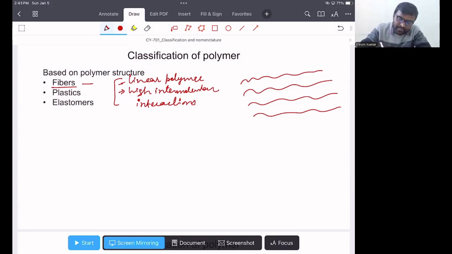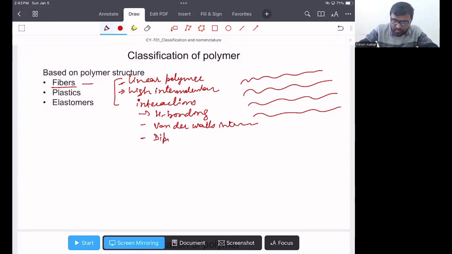For example, the interactions may be hydrogen bonding, van der Waals interactions, and maybe dipole-dipole interactions among those linear polymers.